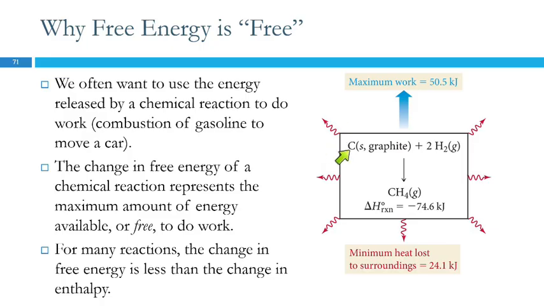So if we have carbon and hydrogen and we form methane, delta H for the reaction is 74.6 kilojoules. That's the amount of energy that's released. But the maximum, the work that can be done from that, is 50.5 kilojoules. This is smaller than this. We can't do 74.6 kilojoules because some of this is lost as heat to the surroundings, right?